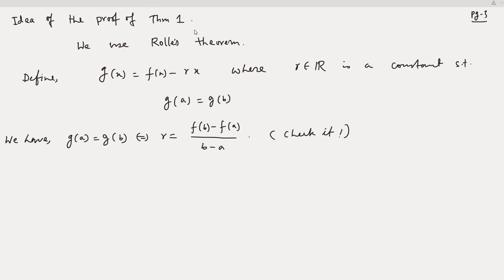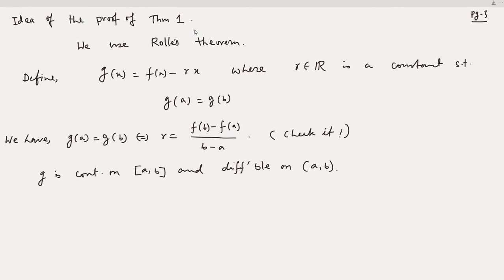Therefore, for such a value of r, g is continuous on the closed interval a comma b and differentiable on the open interval a comma b. Fine.